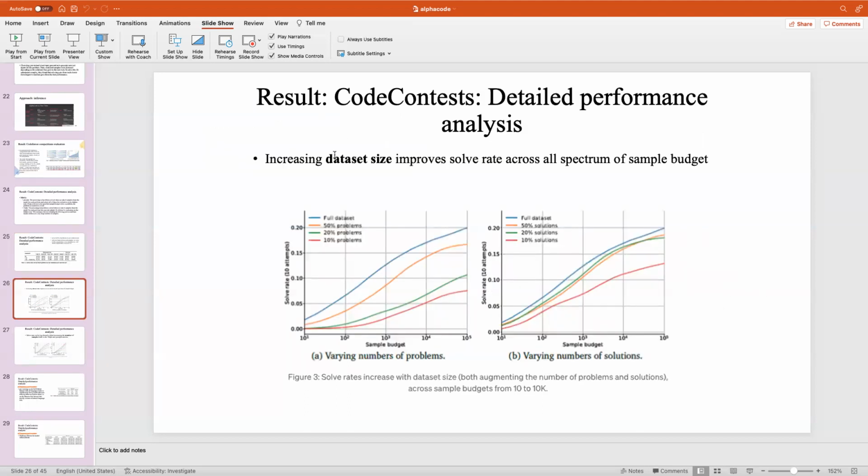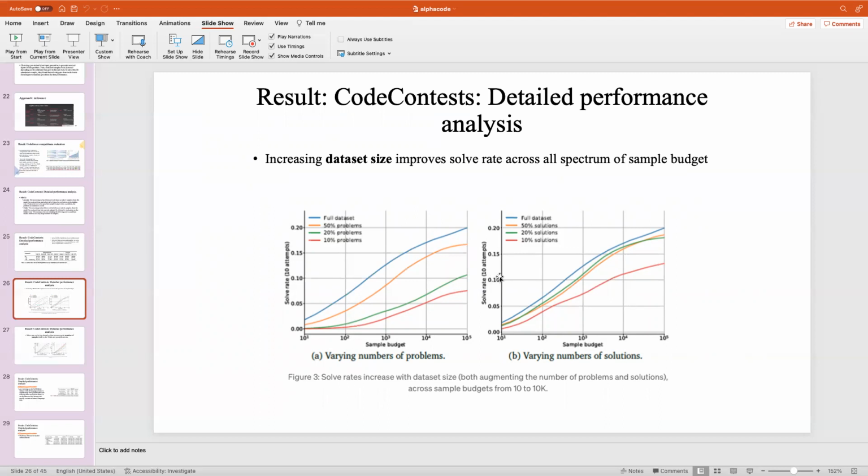And here is some other analysis on the CodeContests experiment. The x-axis is the sample budget, so it measures how many samples you try to generate from the AlphaCode model, and the y-axis is the solve rate.